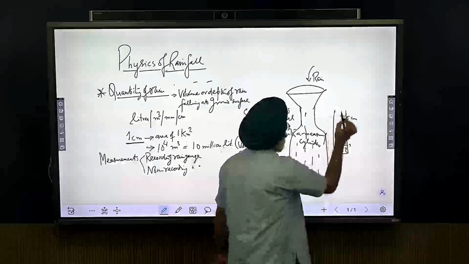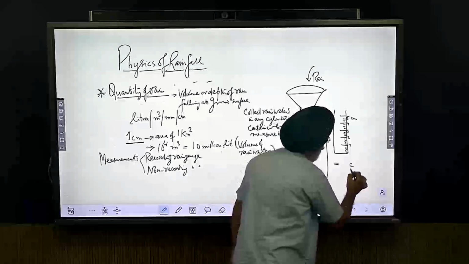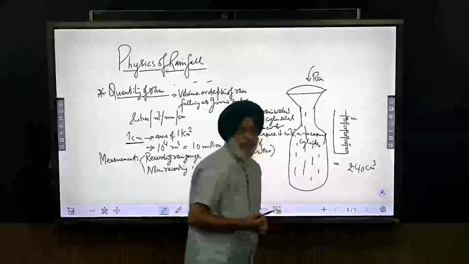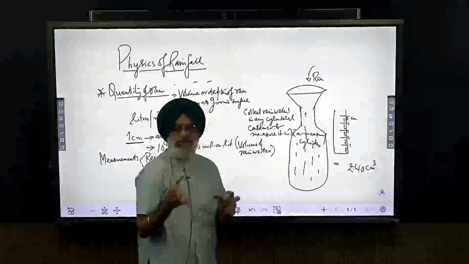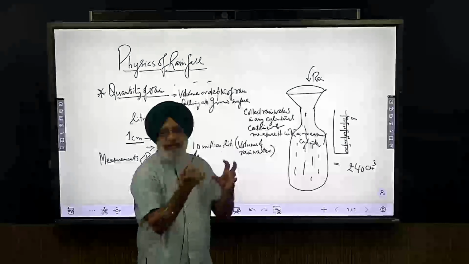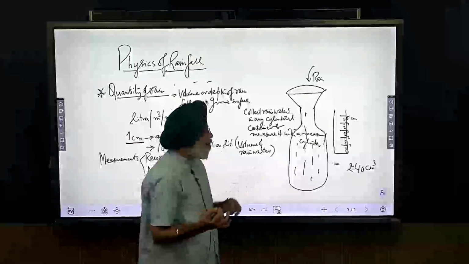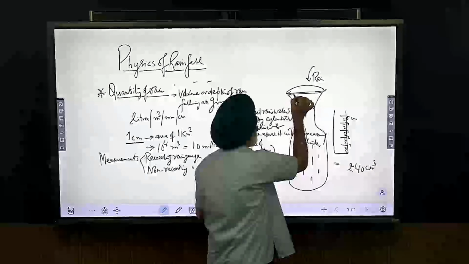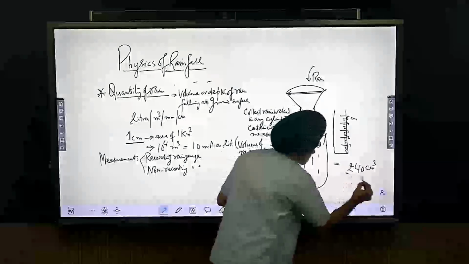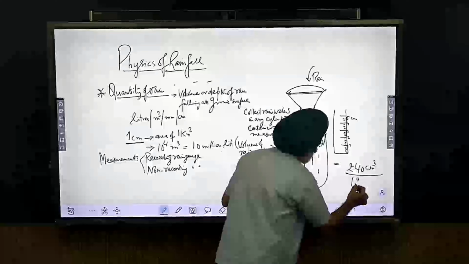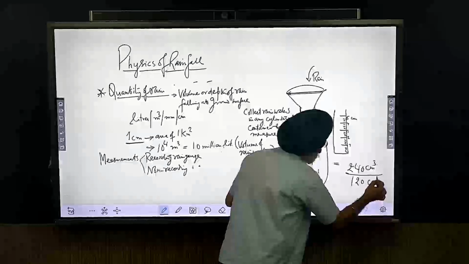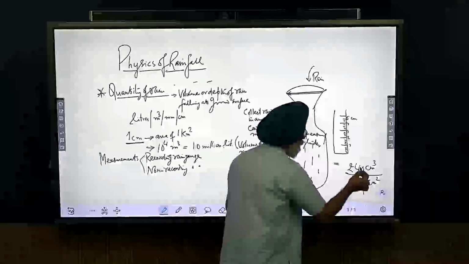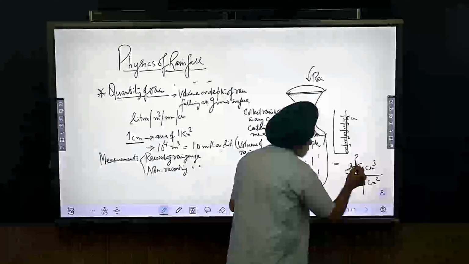So, supposing this comes out to be 240 cubic centimeters. The volume of water which is collected in this container is 240 cubic centimeters. Then you have to record this collecting area. Supposing this comes out to be 120 square centimeters. So, 240 divided by 120, this will be 2.